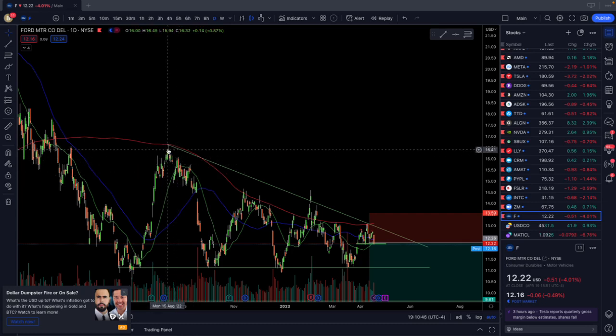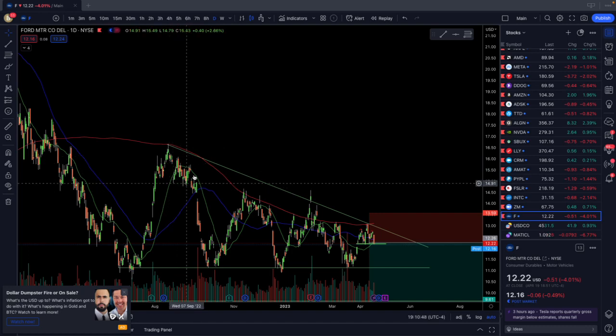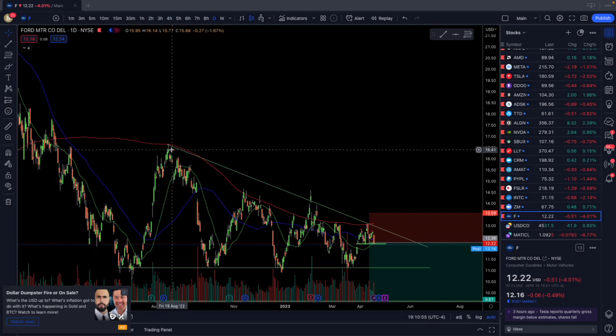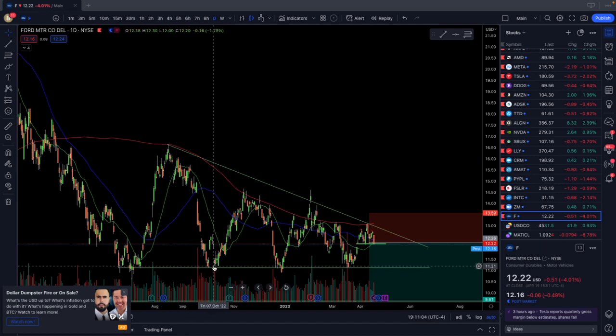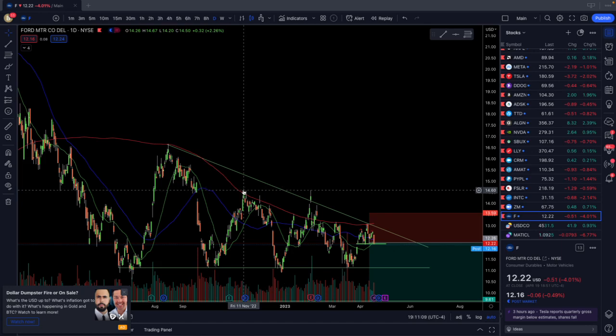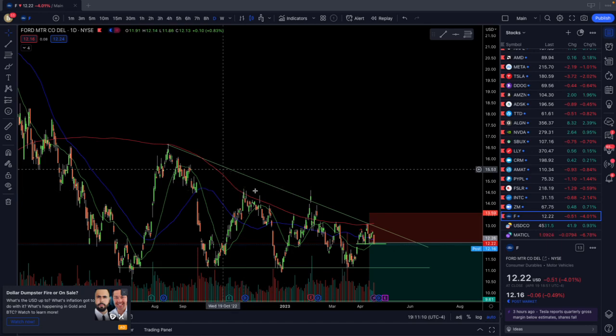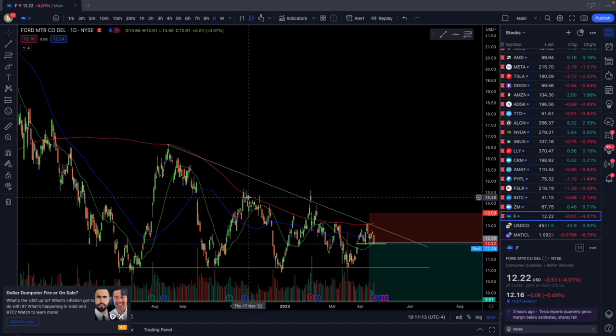There's a price retracement where, in this case, we reached support from the high of this, not the high of the stock, but the high of this rally at 16.41. Now, price did bounce up to 14.60, which is near the 200-day moving average once again.